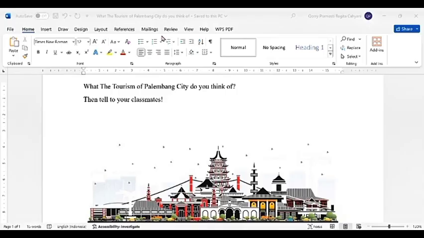Okay, let's start again. But how about Paris first? Okay, thank you for the opportunity, Kak. The tourist place that I choose is the Great Mosque of Palembang.